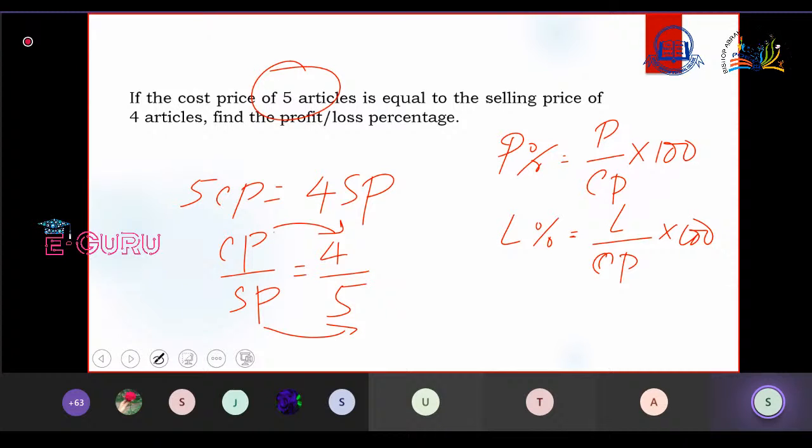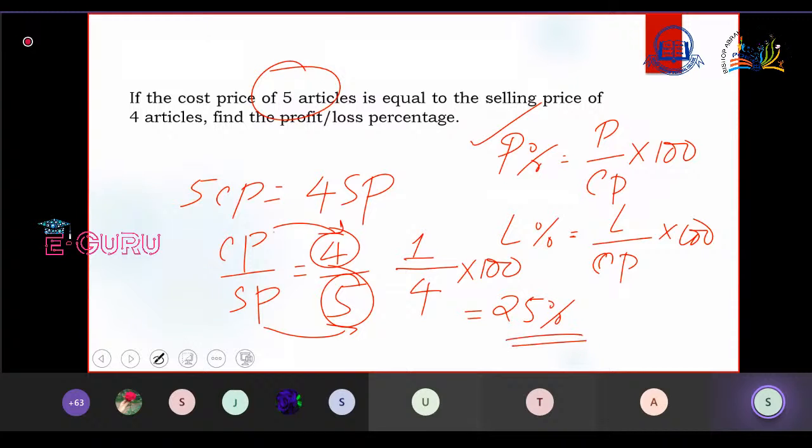So your cost price is 4 and your selling price is 5, which means you are making a profit of 1 unit. We know that the profit percentage is profit by cost price into 100. So it will be 1 by 4 into 100, which means 25%.